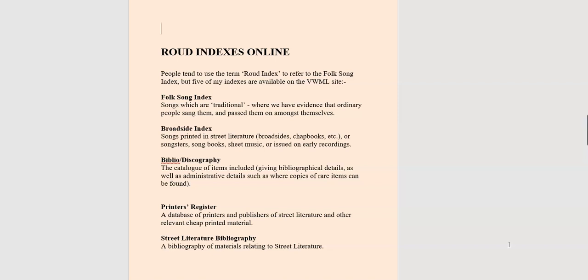So really the Broadside Index is an index to popular songs of the past, some of which became folk songs, some of them didn't. Now, if you're not sure what broadsides and chapbooks are, we'll have a short display of broadsides at the end of this video.